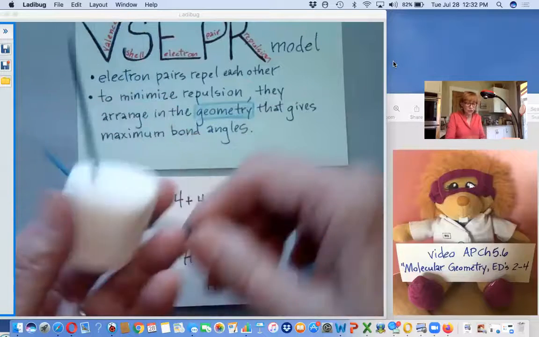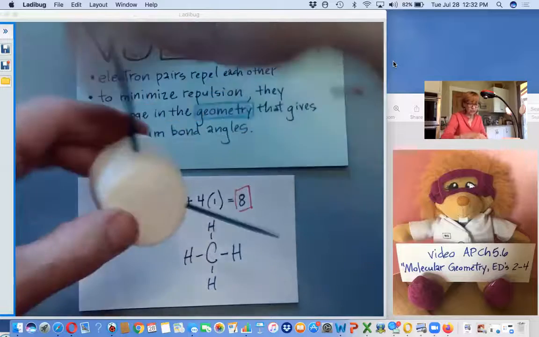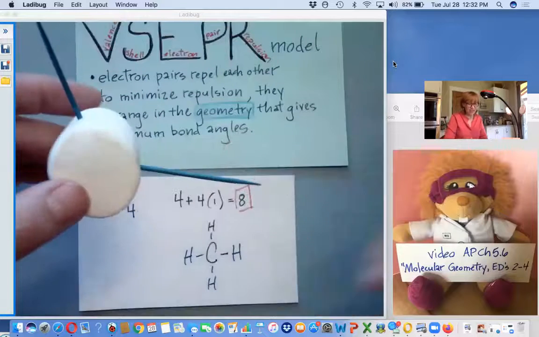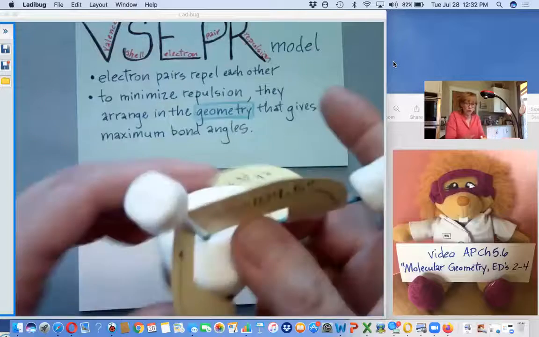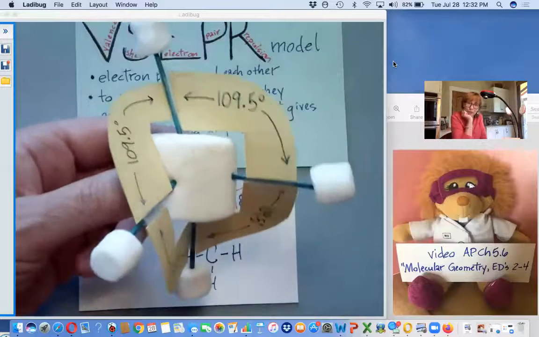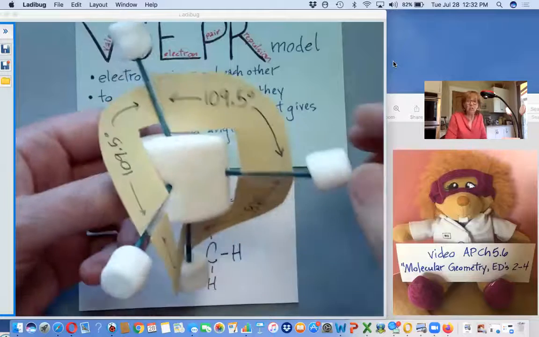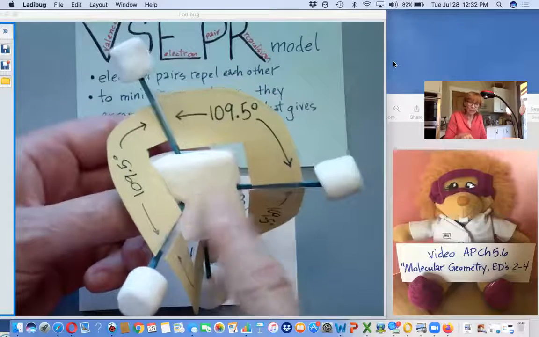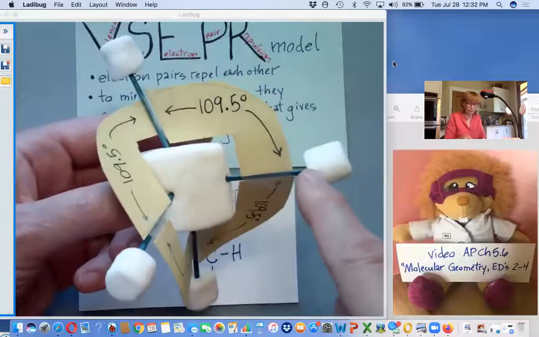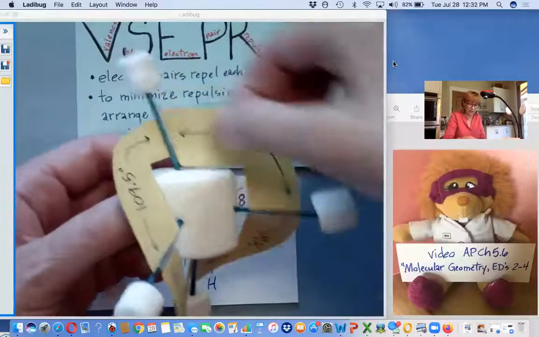So each bond angle needs to be 109.5, and when you've arranged all 4 of them, you get a structure that looks like this. This took me a little while to put together. So 109.5, and let's see, there's that bond angle.